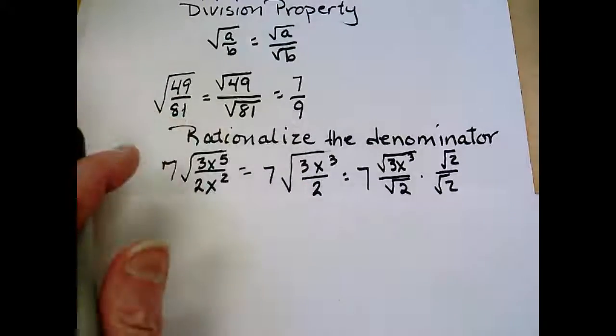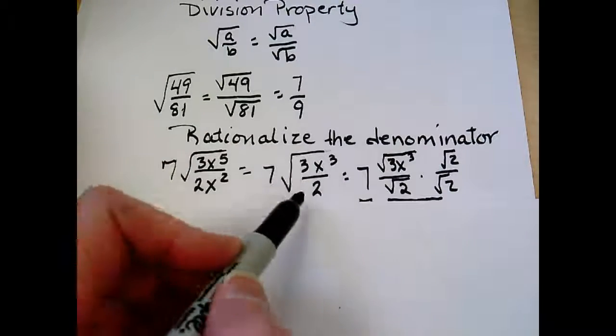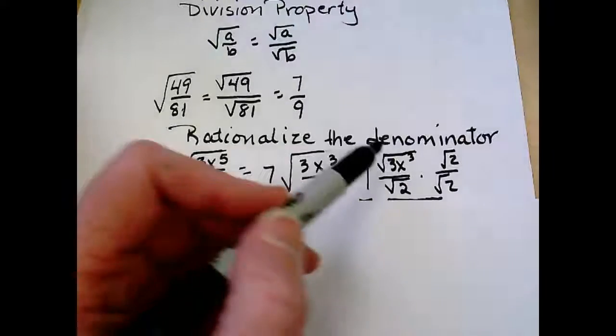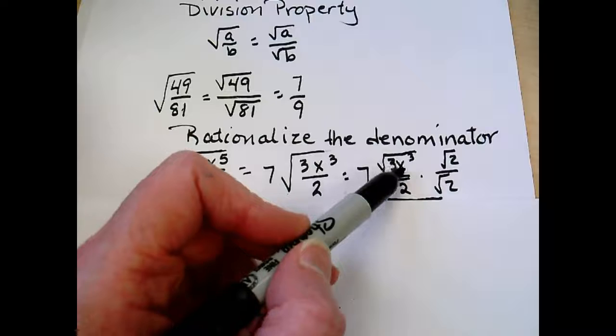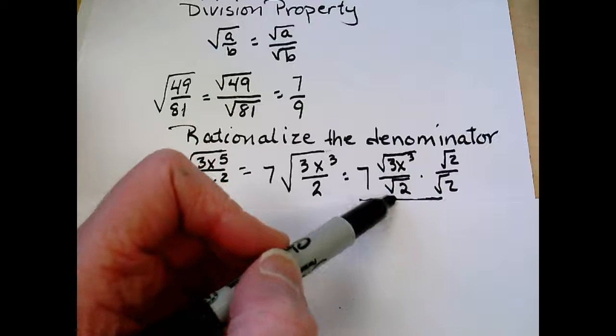That stays in the numerator. I can't simplify the 3 halves at all. So the 7 just sits outside. I can put the square root over the 3x cubed and the square root over the 2.